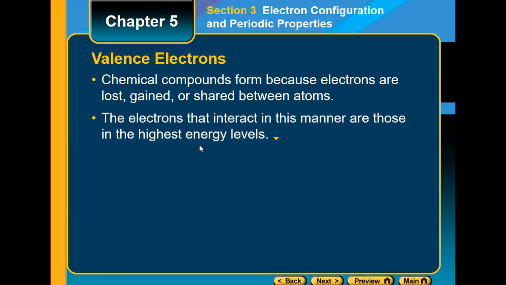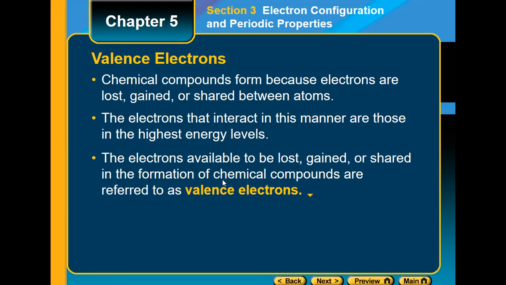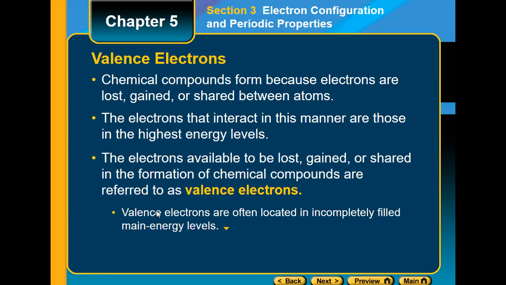Here we talk about the main energy level, not just the sub-energy level. So the electrons available to be lost, gained, or shared in the formation of a chemical reaction are called valence electrons. They are the electrons found in the outermost energy level, able to be lost, gained, or shared with another atom to form a stable compound.